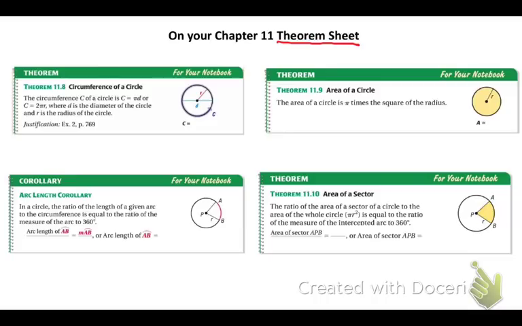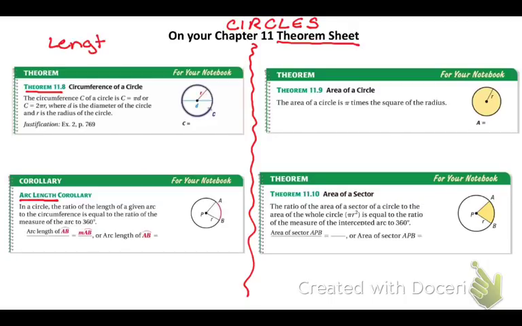All these 4 theorems, or 3 theorems and a corollary, are all about circles, not about anything else, just circles. Let's look at these in general. If we split them in half, theorem 11.8 and the arc length corollary all have to do with length: the circumference, which is the length around the circle, and arc length, which is the length of an arc.